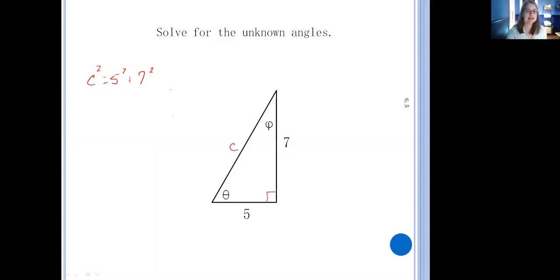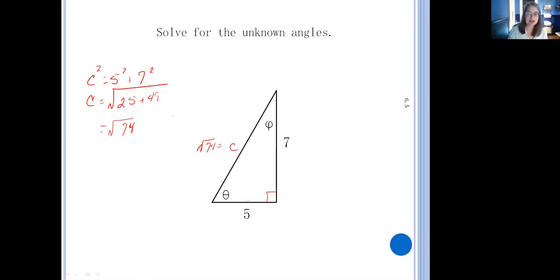That means C is going to be the square root of 25 plus 49, which is the square root of 74. Now, what goes into 74? Well, we know 2 goes into 74, 37 times, so that does not simplify. So we're just going to call this the square root of 74.